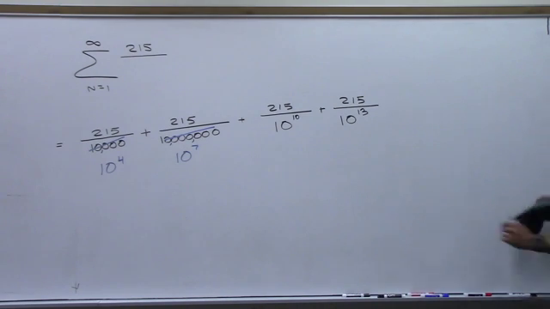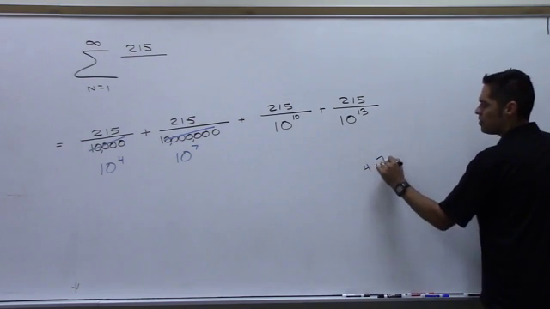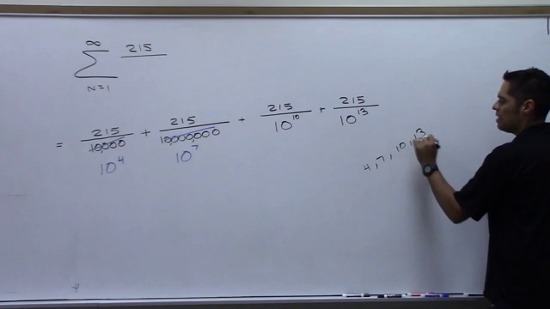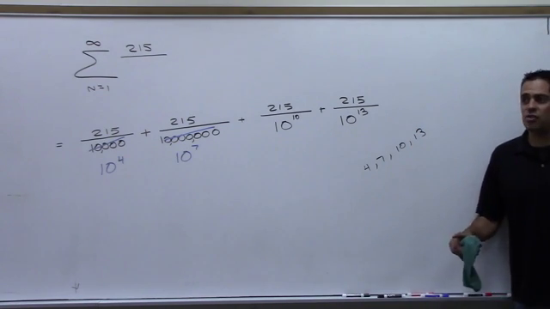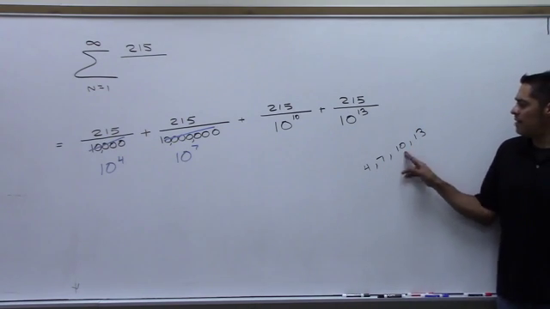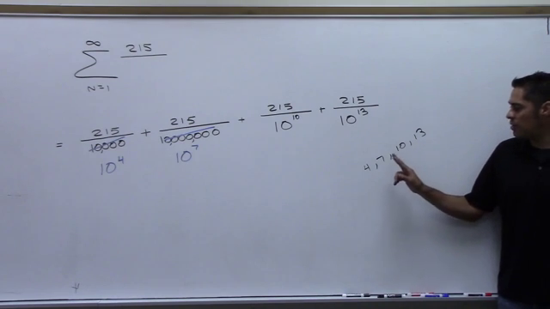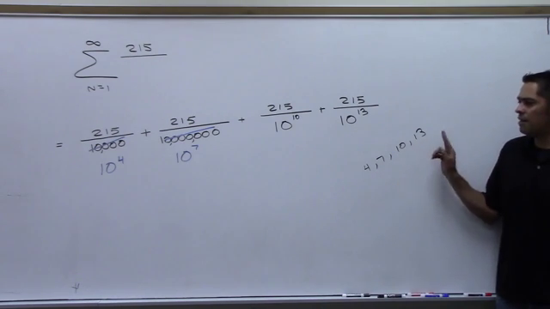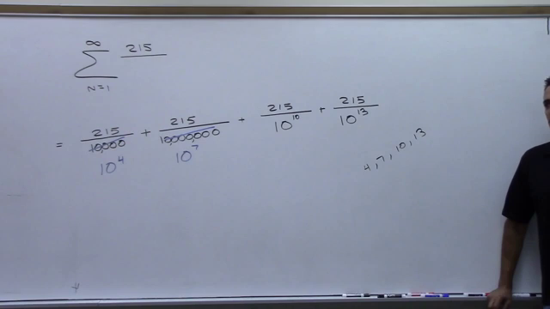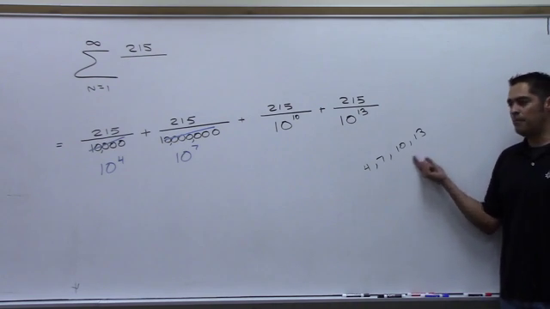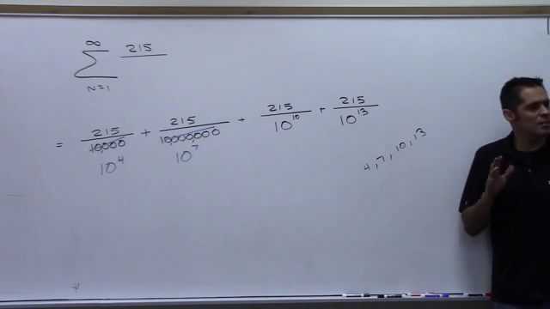And look at those powers. The powers are 4, 7, 10, 13. Think back to the previous section. If I asked you to come up with a formula that would generate 4, 7, 10, 13, could you do it? What do these all go up by each time? 3. So you can almost look at it as multiples of 3.